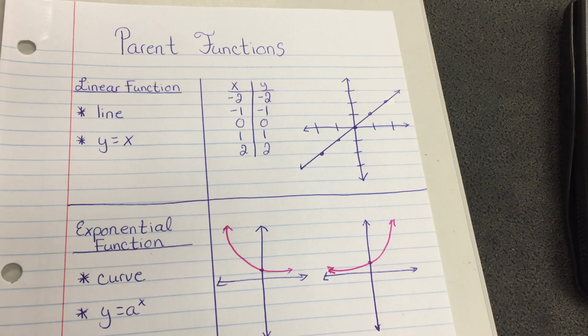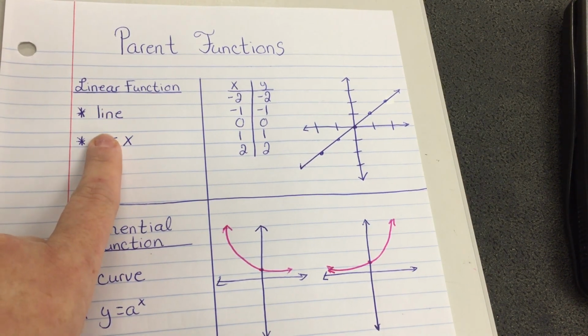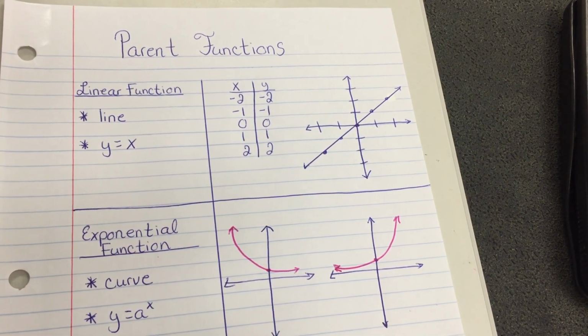Parent functions. What is a parent function? The parent function is the basis. This is the generic function or graph of any formula or function that we come across. So what is the basic? Well, a linear function is a line.